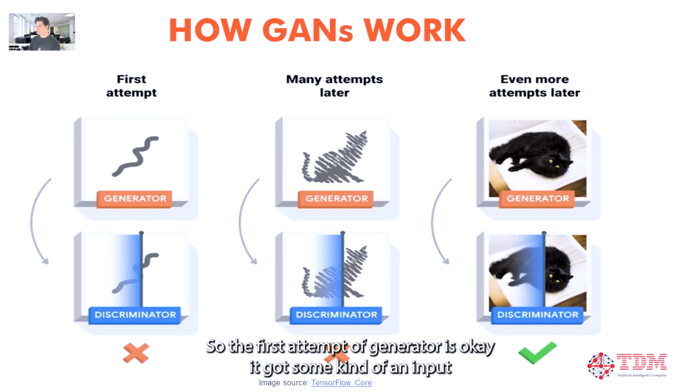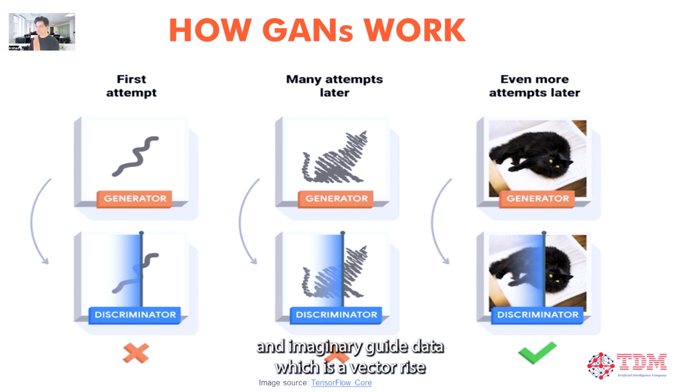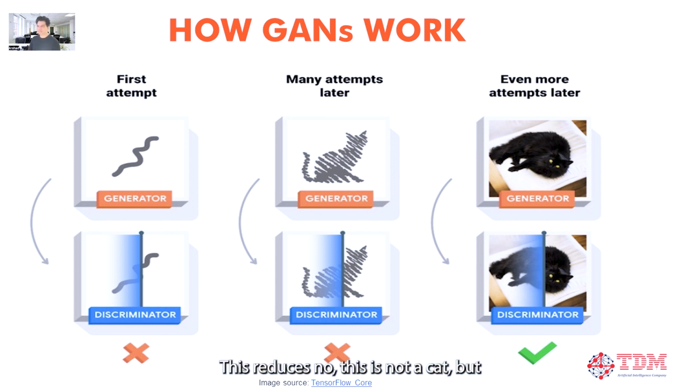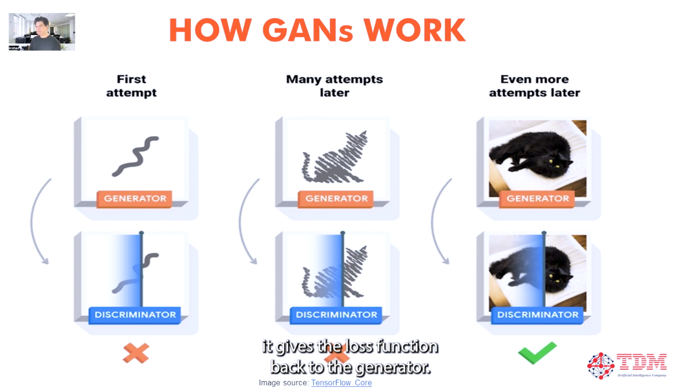The first attempt of the generator is that it gets some kind of input, imaginary cat data, which is vectorized data, and says to the discriminator, this is a cat. The discriminator says, no, this is not a cat, but it gives a loss function back to the generator.